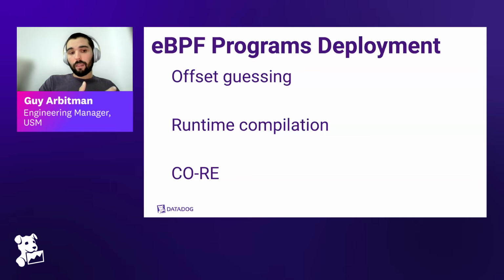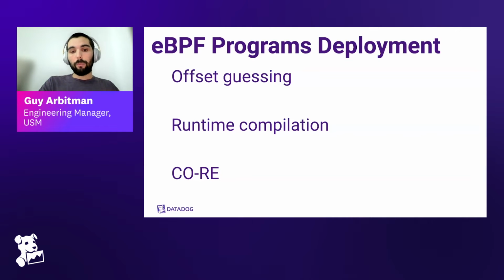And we are going to explore 3 different techniques we are using to handle that problem, and hopefully to have portable eBPF code that can run on multiple deployments. In the previous episode, we discussed the first 2 methods, the offset guessing and the runtime compilation. So we will go over them as well, shorter than we did last time.